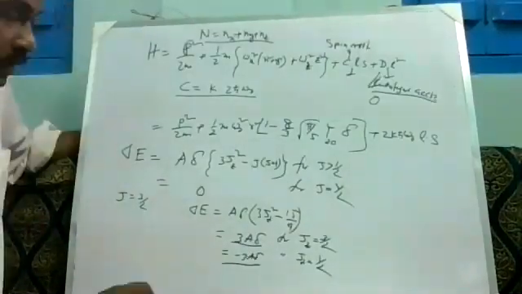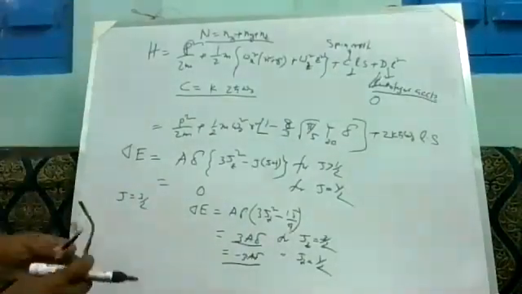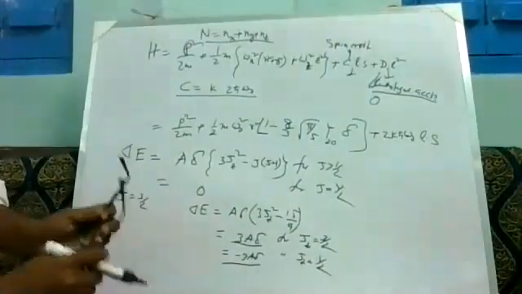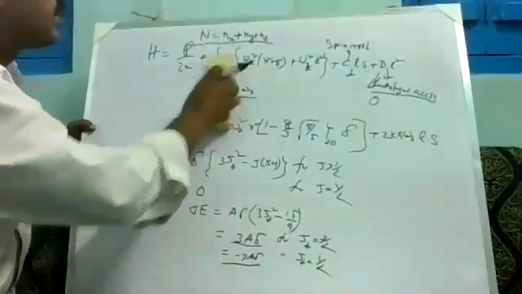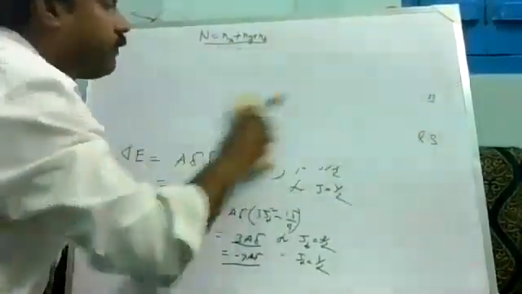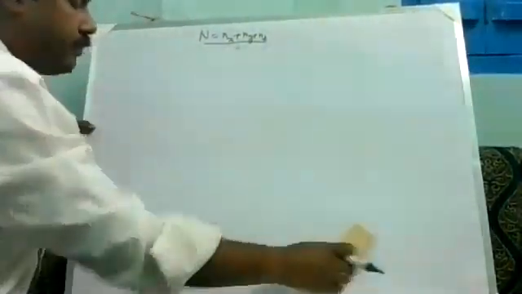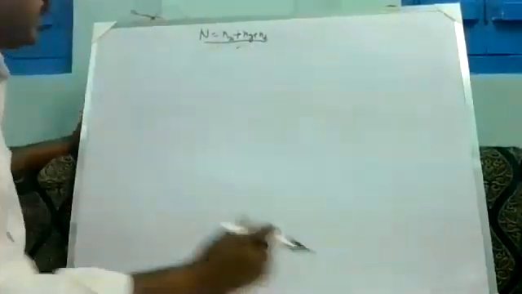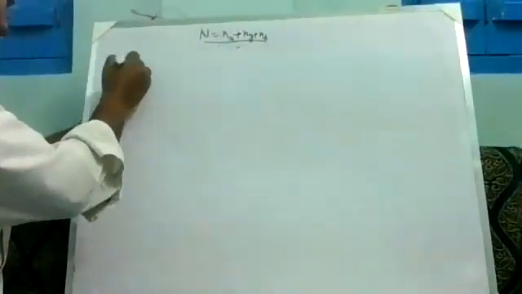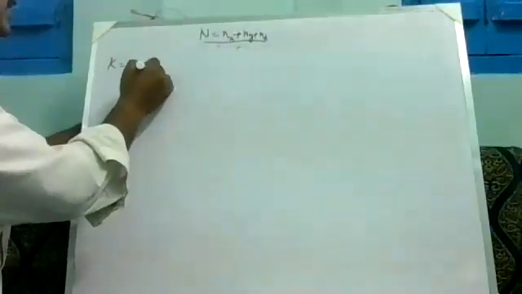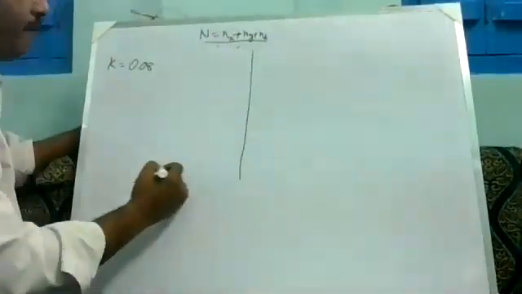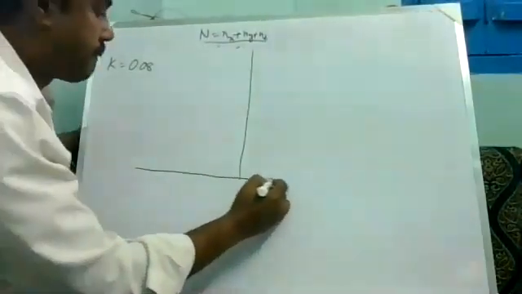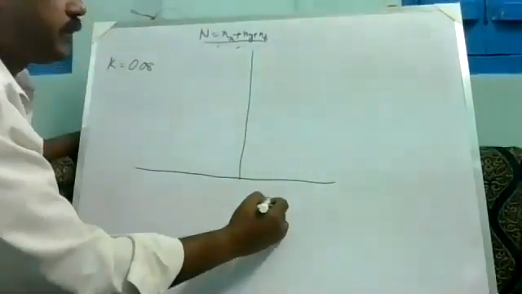Now, in the graph, I am drawing it a little bit, the graph for the Nilsson model. Here it has taken k equals 0.08 and deformation parameter delta.